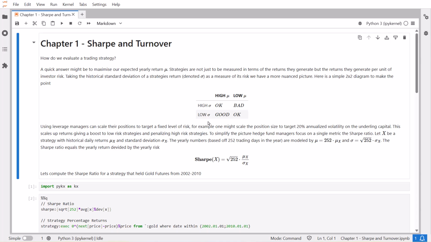And as I said, to simplify the picture of this risk and reward, hedge fund managers use a single metric, which is the Sharpe ratio, essentially the reward divided by the risk.